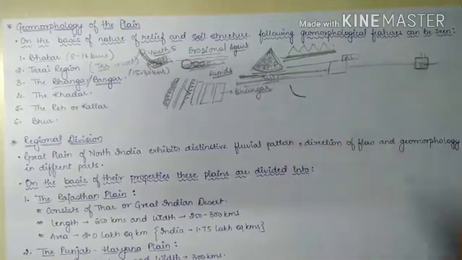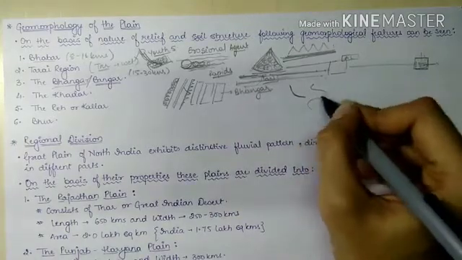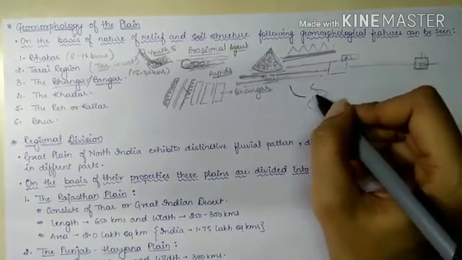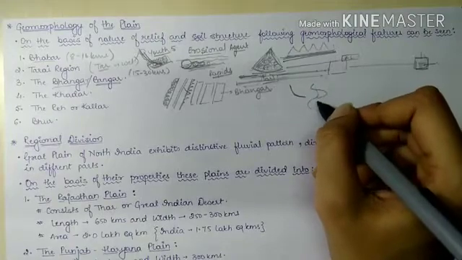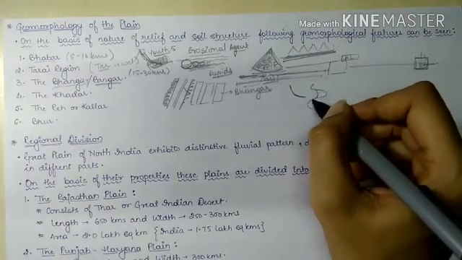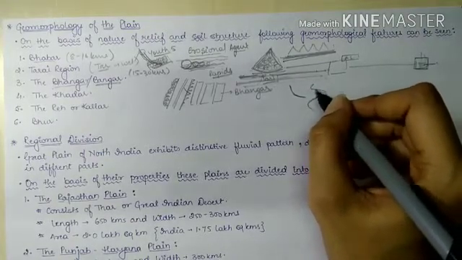The river channels erode the Bhangar area. When the river is meandering and its route changes because of the formation of an oxbow lake or something like that, the Bhangar is eroded.